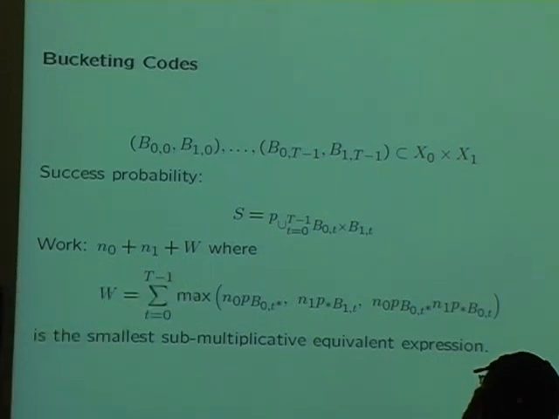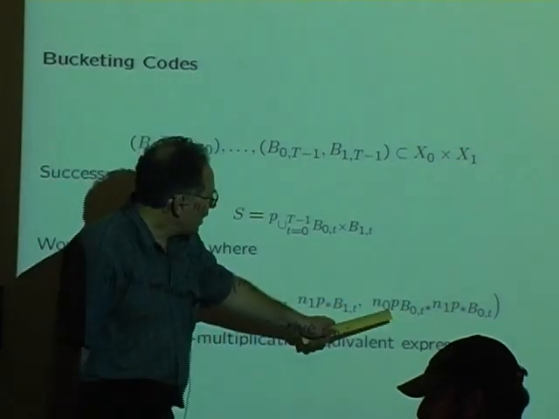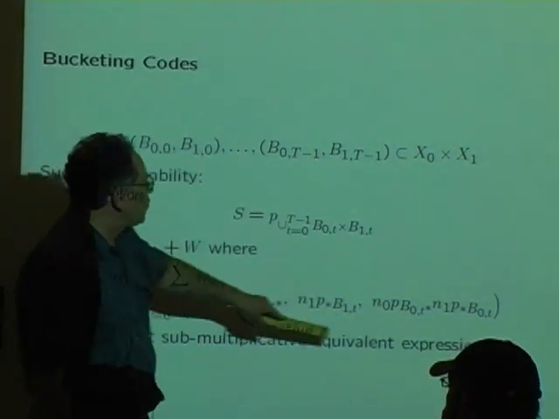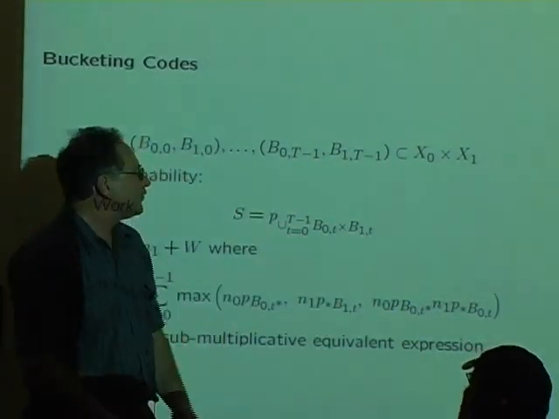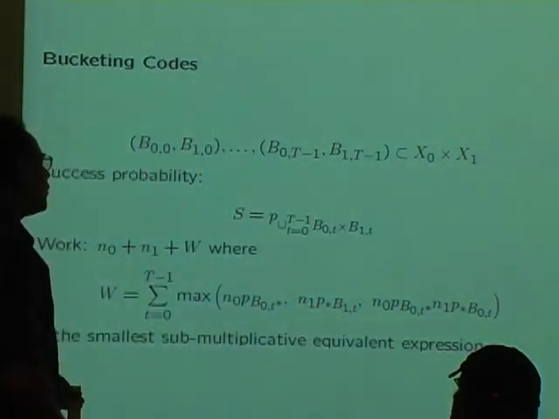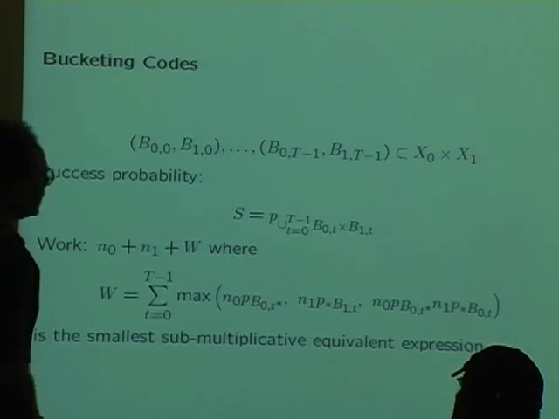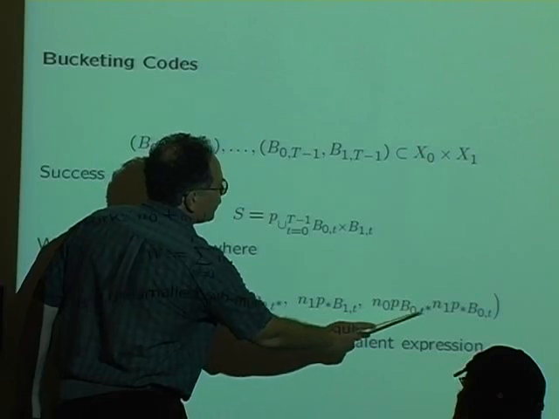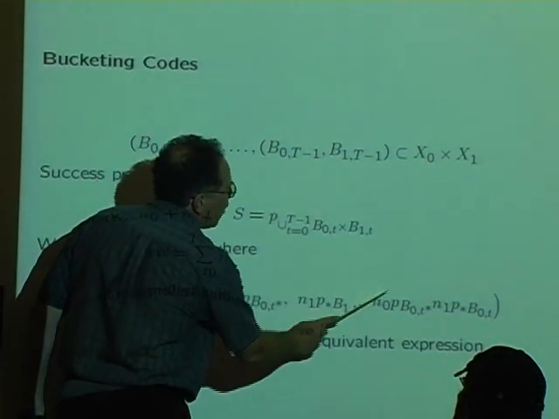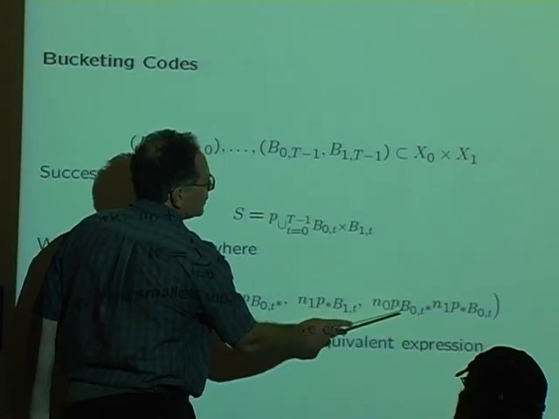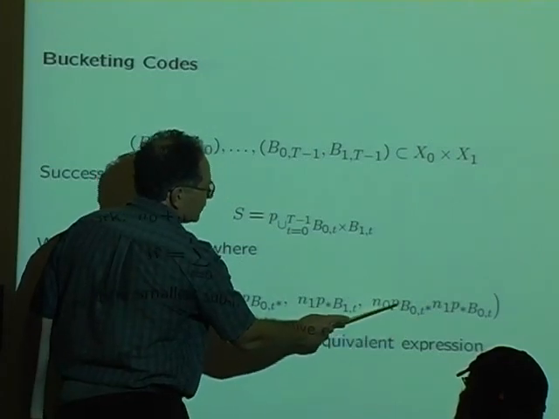I have here this expression. What does it mean? Now, n0 is the number in one set, n1 the number in the other set. You can just think of them both as equal to n, if you don't want to think of different sets. So n0 times the probability of bucket 0 is how many elements of the set 1 I expect to fall into this bucket.